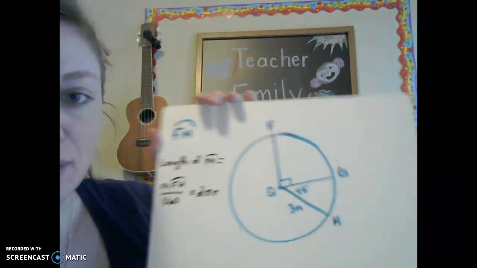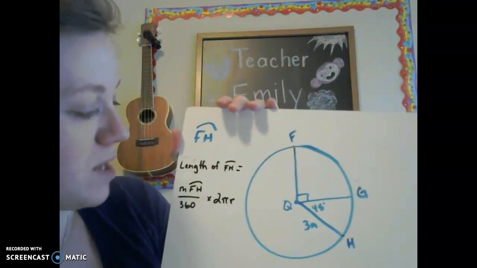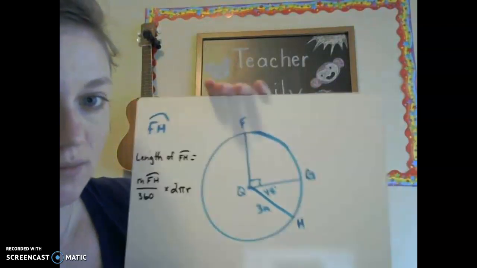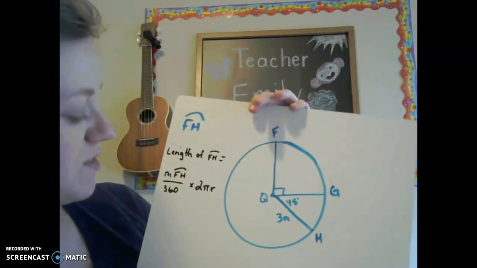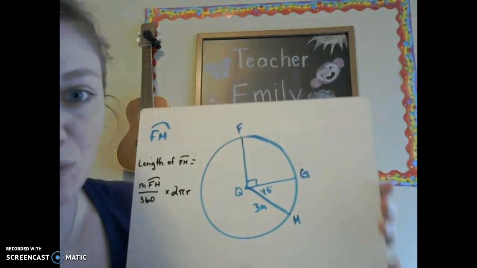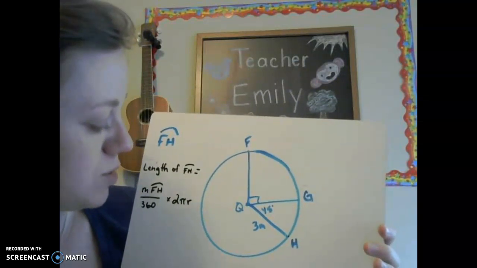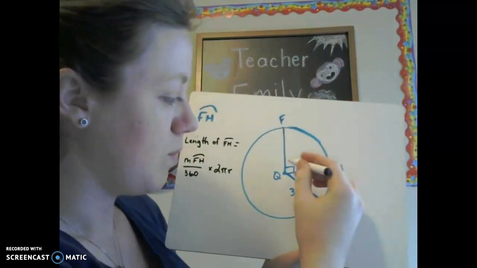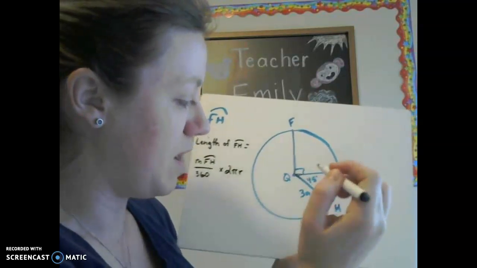So to do that, we have a formula. The length of arc FH is the measure of FH, as in the angle on the inside that measures it, divided by 360. That'll give us what percent of the circle we're measuring, times 2 pi r. Okay, so let's start with this. We know that this is 90 degrees and this is 45.